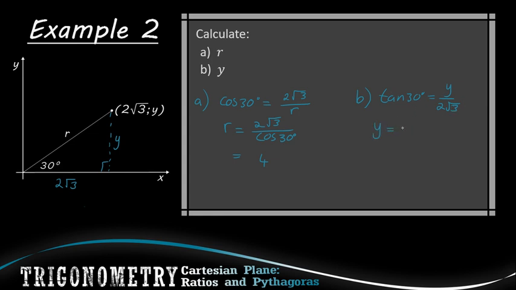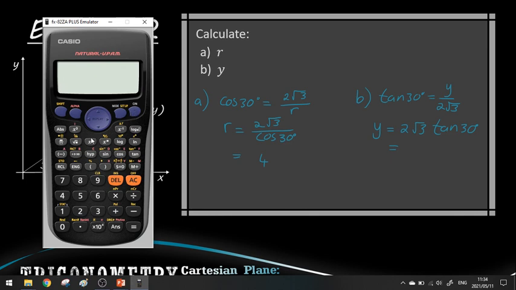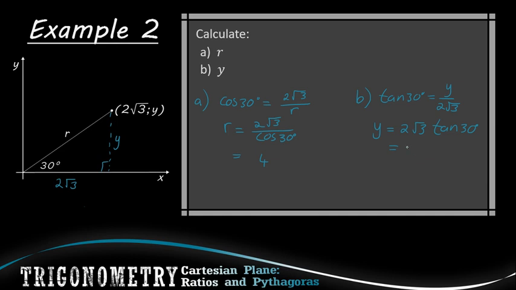So y is equal to 2 square root of 3 times tan 30, and that is equal to 2. Okay, so that's it for example 2.